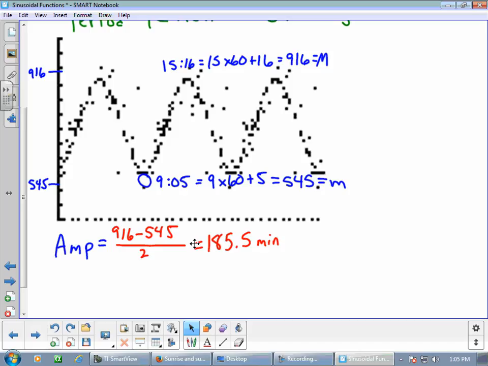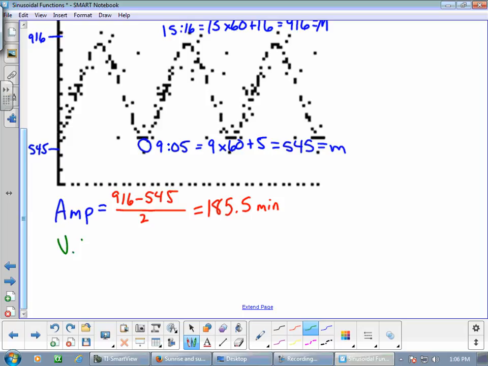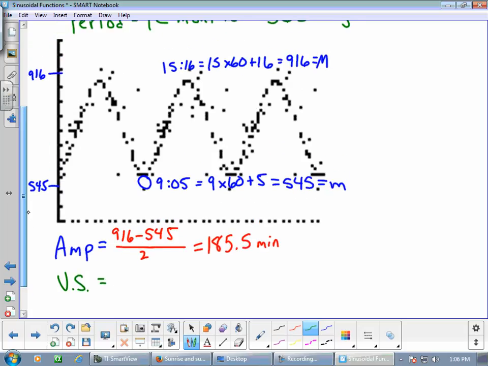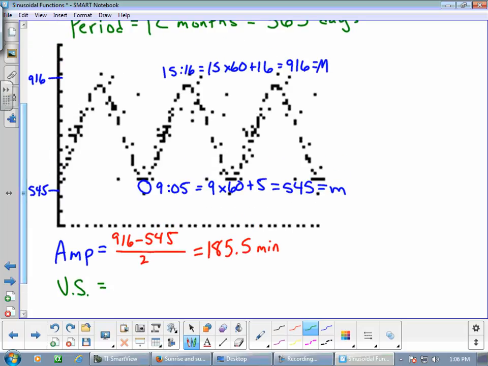What else do we need to know? Period, amplitude, shifts. Okay, let's pick a shift. Vertical shift. The vertical shift is the equilibrium, right? Somewhere around here. How would we determine that value?